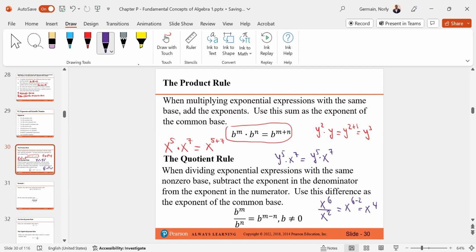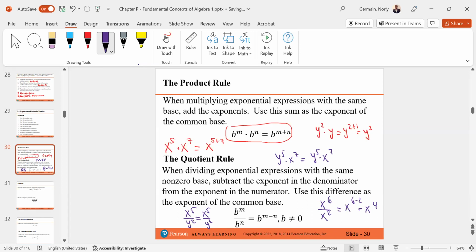But what if you have x power 5 over y power 2? Nothing happens. It's gonna only be x power 5 over y power 2 because the bases are not the same, so you cannot change it. So that's the product rule and quotient rule.